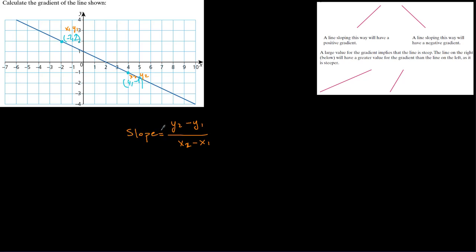I'm going to use the slope term. Then it's going to be equal to minus 1 minus 2 divided by 4 minus 2, which is equal to minus 3 over 6. When you simplify, it's going to be equal to minus 1 over 2.